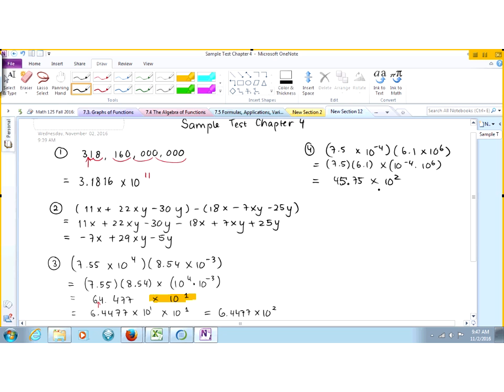Now notice this is not in scientific notation. Why not? This number has to be between 1 and 10, inclusive of 1 but not including 10. So I'm supposed to rewrite this part only, using scientific notation.